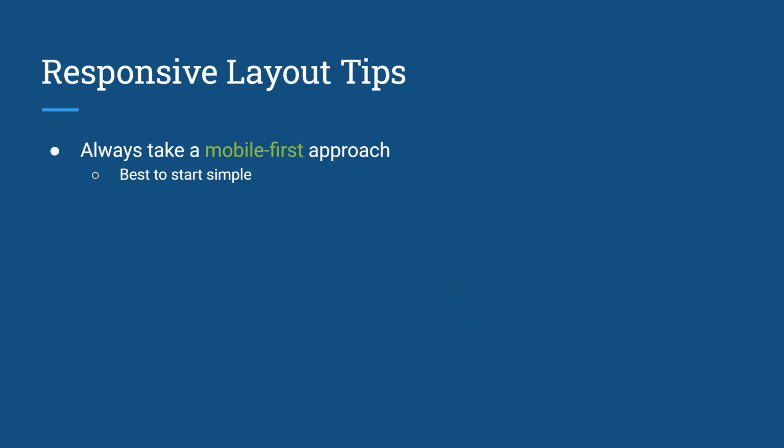And so defining that first is a good way to start, because once you start stretching that, you want to add more complexity as more screen space becomes available. And so typically if you define a mobile layout first and stretch that out, it's still going to look fine at bigger screen sizes.